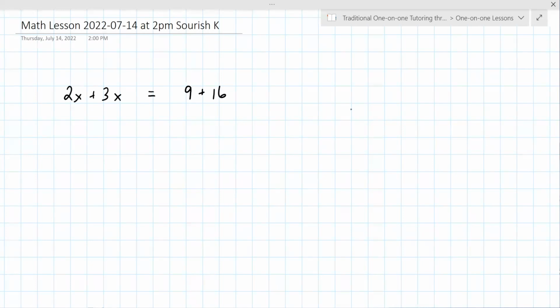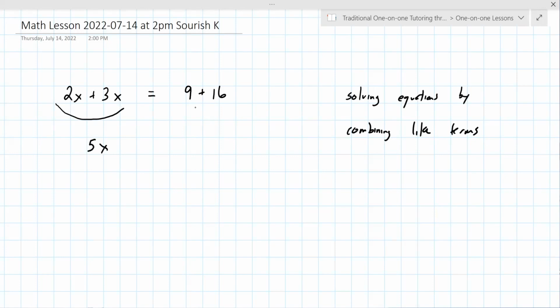So we were solving equations by combining like terms. In this equation on the left, what is 2x plus 3x? 5x.